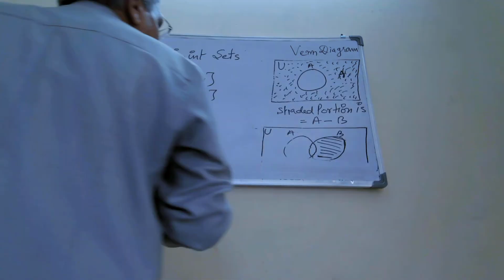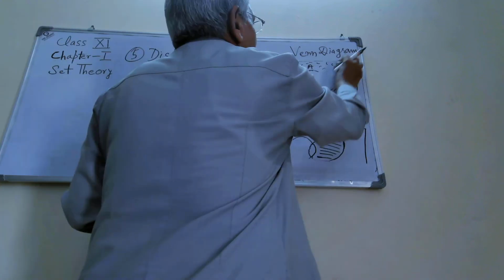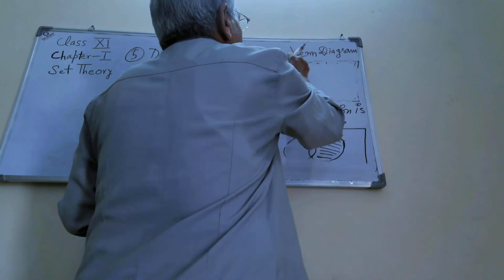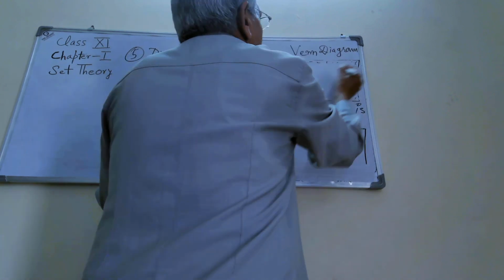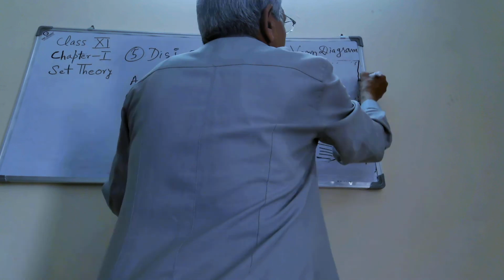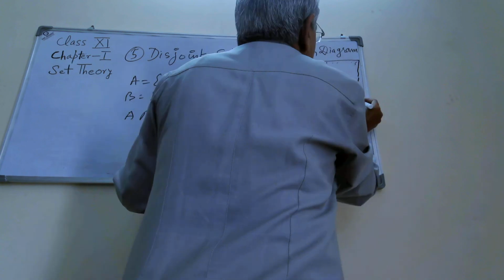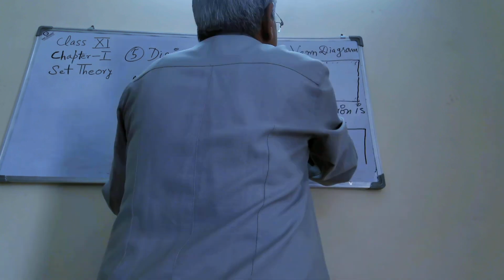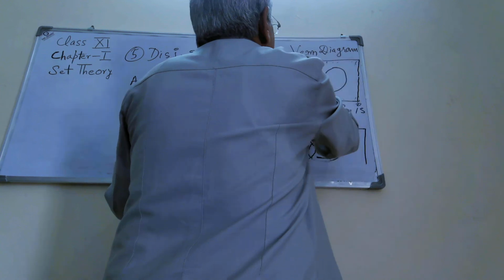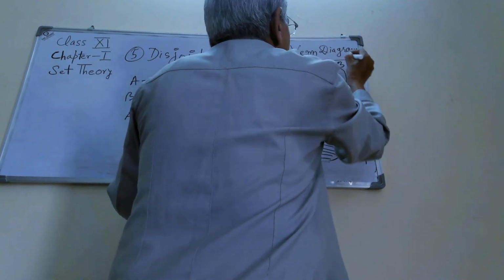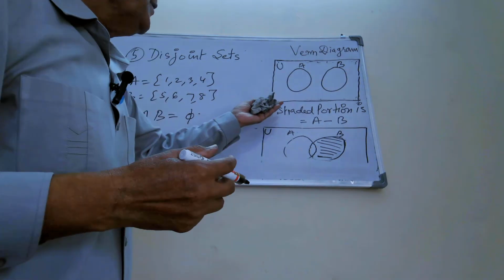With the help of Venn diagram, I will try to make it clear. This is A set. This is B set.